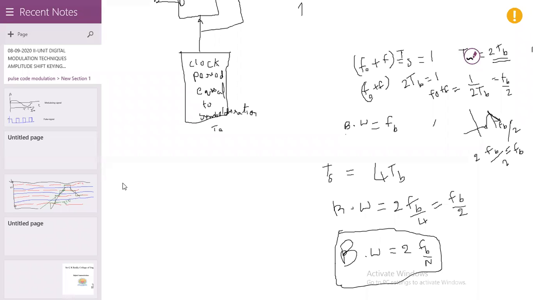Here, for 16 PSK, 16 array PSK and 16 QASK, these are very important questions.